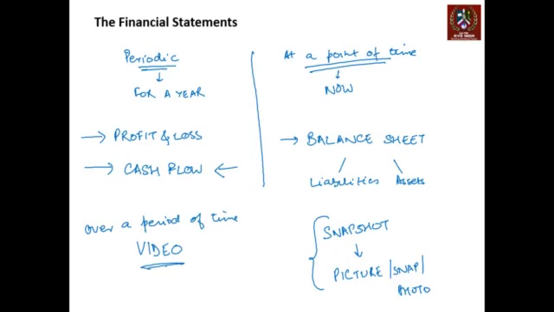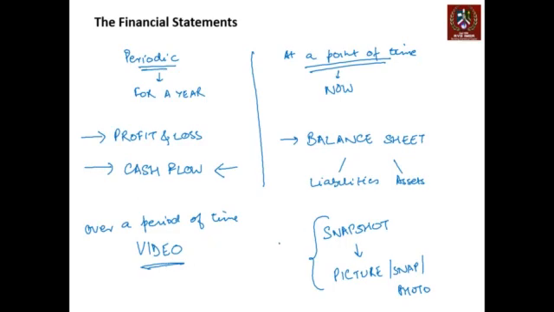So you go from point A to point B in a periodic statement, but at point A you will have a balance sheet and at point B you will have a balance sheet, right? Any given point of time, the company will have a balance sheet. But usually your P&L and cash flow is for a period: 1 year, 6 months, 1 month, 3 months, whatever period we are taking, right?